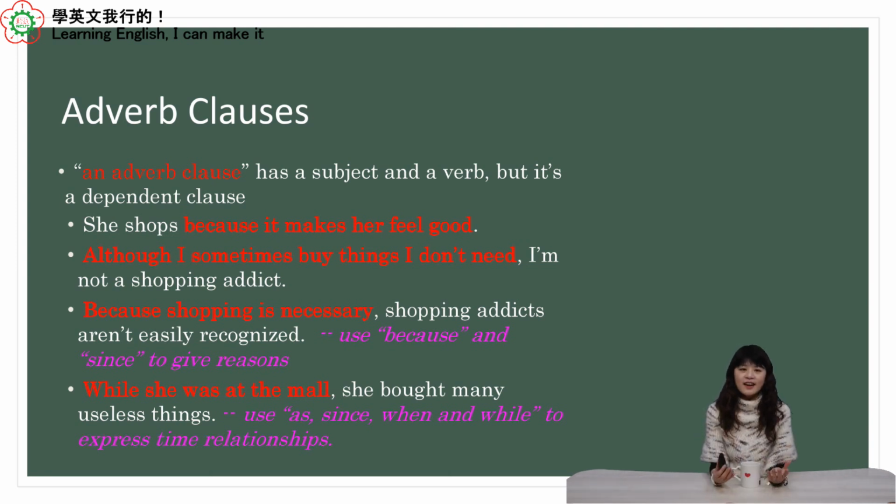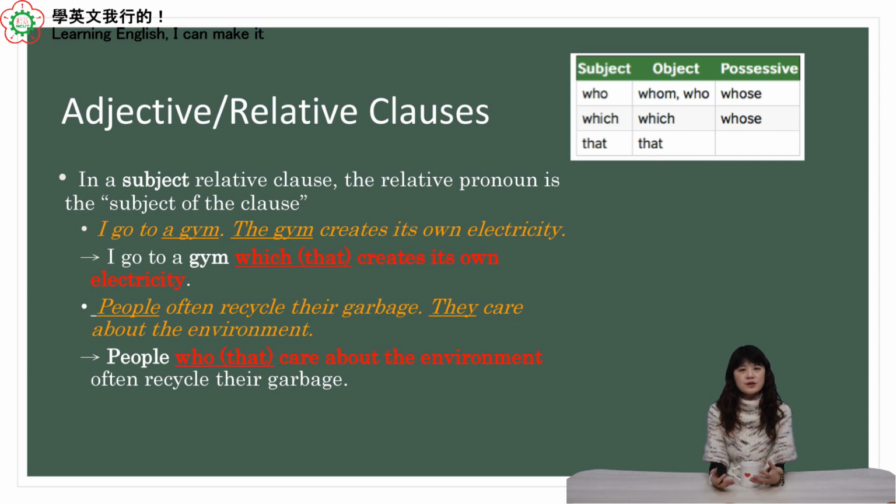Okay, the second type of clause I'm going to introduce to you is adjective clauses. Some people call them relative clauses. Usually these clauses are used to describe the subject, the noun, or they can describe the object.